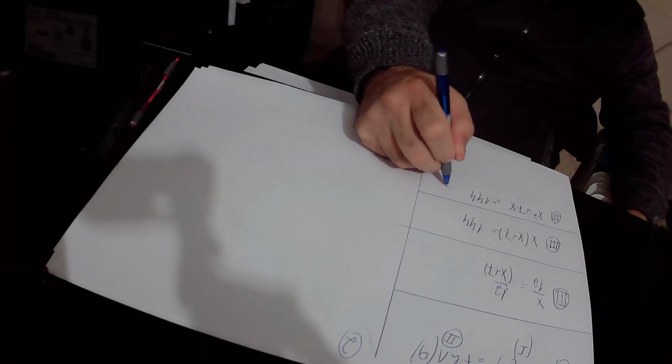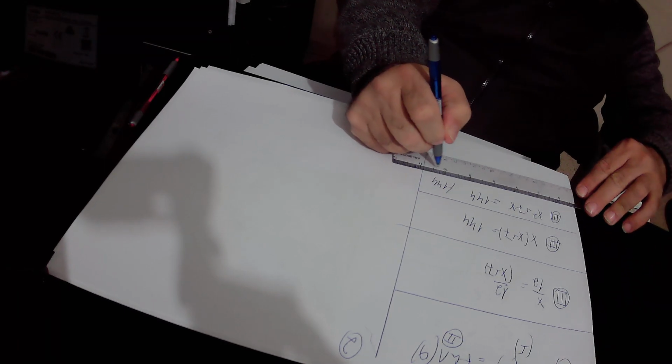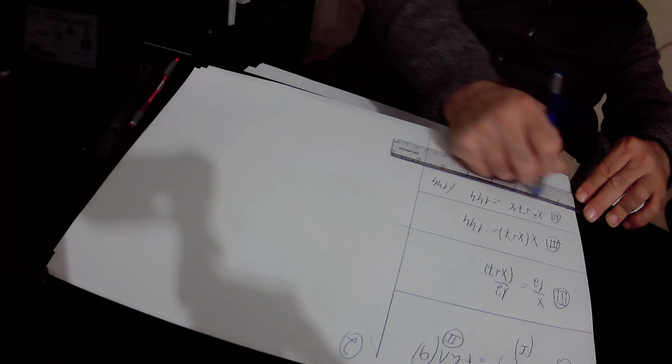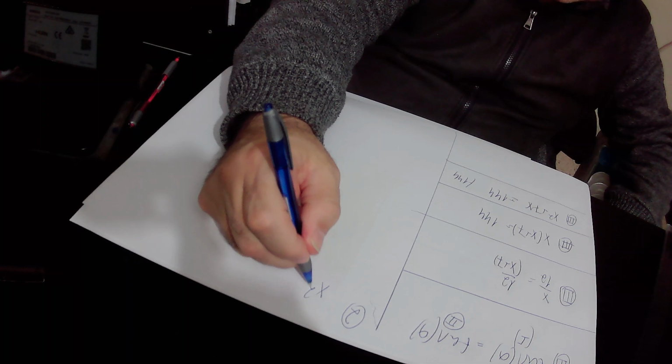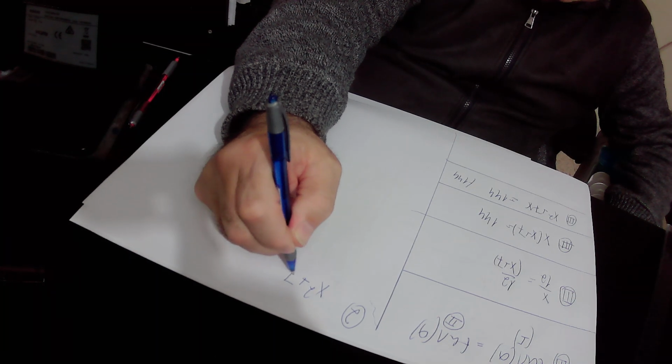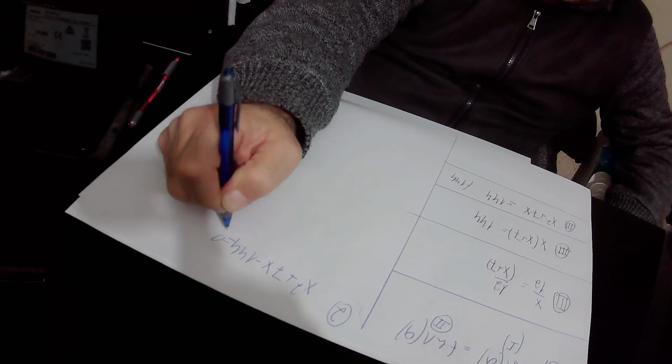Here we subtract 144 from both sides, and finally we get that x squared plus 7x minus 144 equals 0.